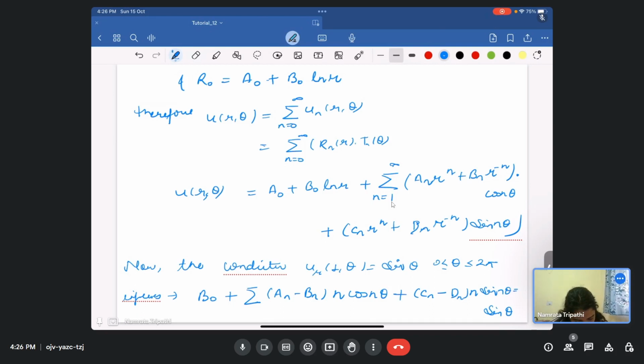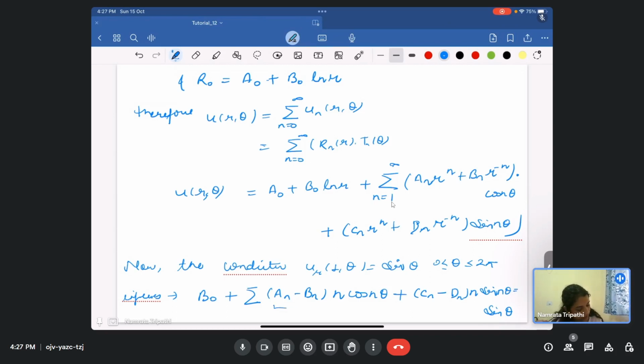So from here you can compare both sides. So sin theta for n equal to 1 will give n times cn minus dn equal to 1. Okay, and the rest of the terms are 0.